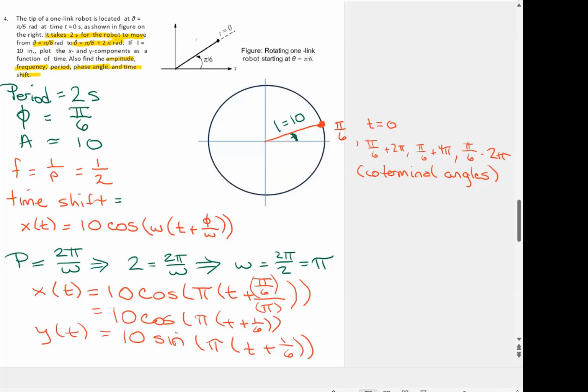My time shift equals 1/6 left. And I got it from all of these, or I used my shifted form to get 1/6. On the next page, I'm going to draw those graphs.